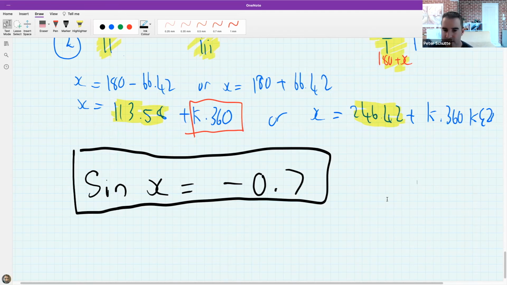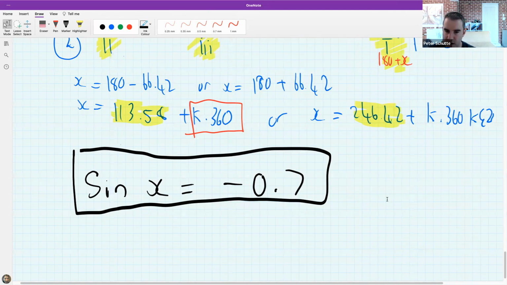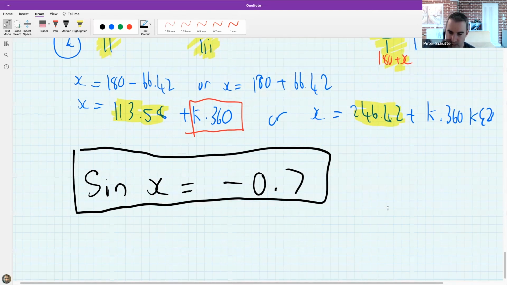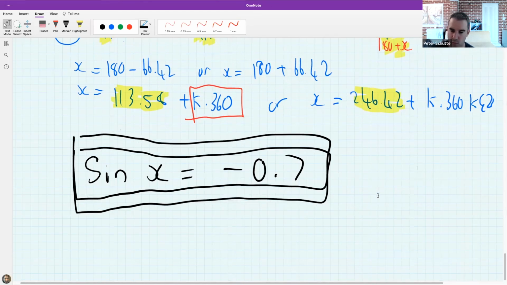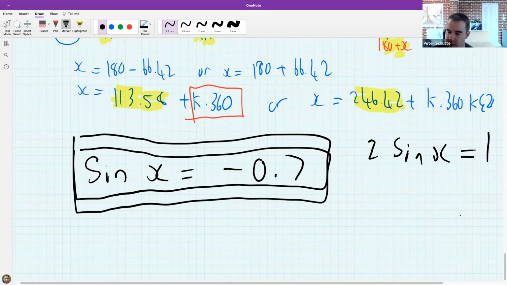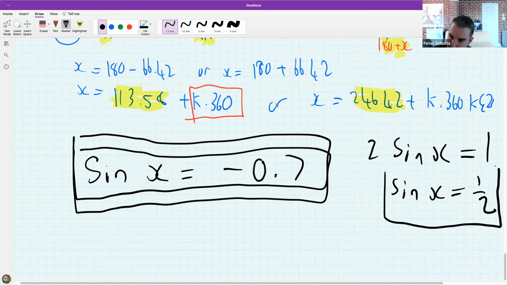There's different levels of difficulty. What I'm showing you here is the foundational method, but sometimes they might write the question like this, and then you have to rearrange it so that it's sine of x is a half. So sometimes you have to do a little bit of algebra to get it into the correct form.